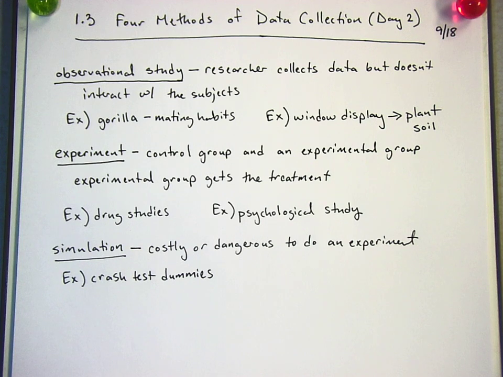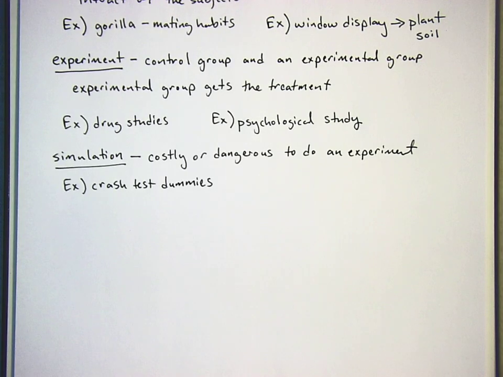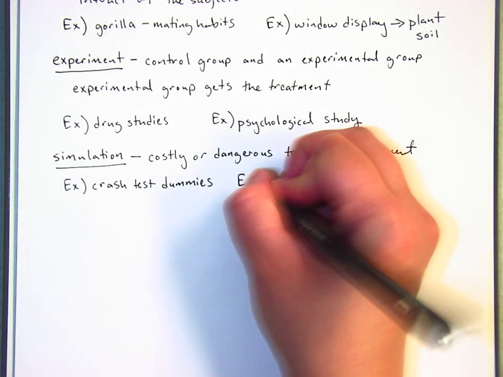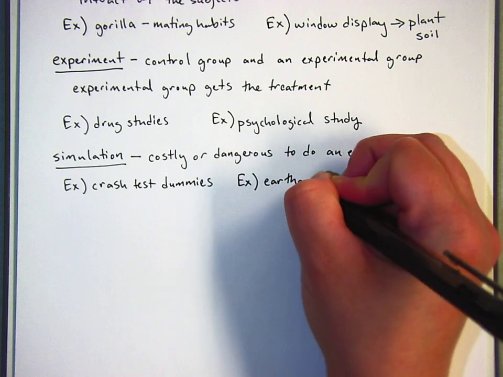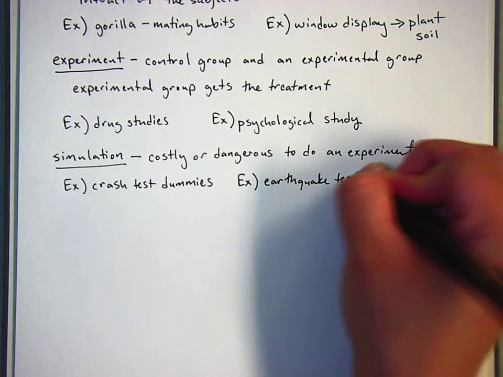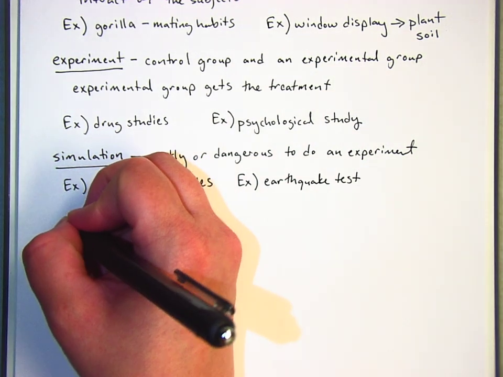So instead, we get crash test dummies that are as close in weight as we can to actual human beings to see how they will react in the car. Another one is if they're doing an earthquake test on a building, they might develop a model or a smaller example of that building, or a smaller section of the building, and put it through some trauma and see what happens. You don't want to actually trigger an earthquake if you can avoid it and try to kill people. So that's called a simulation for data collection.